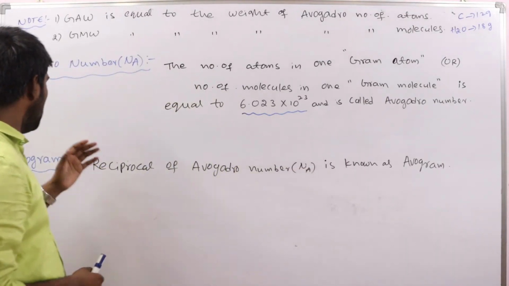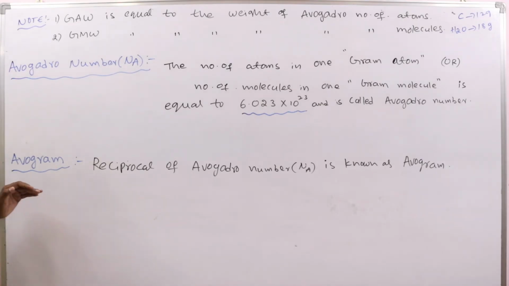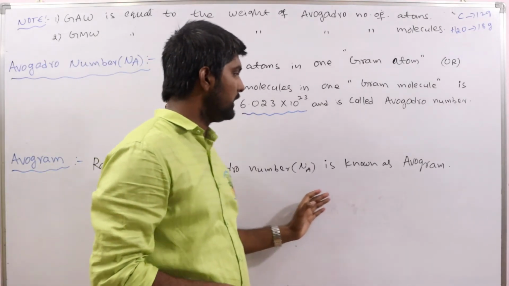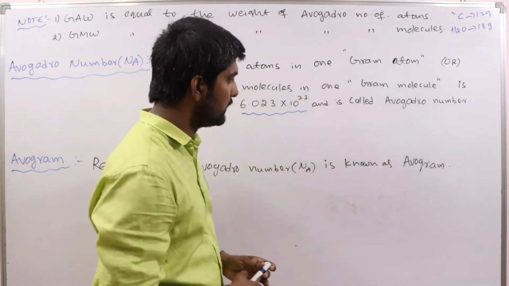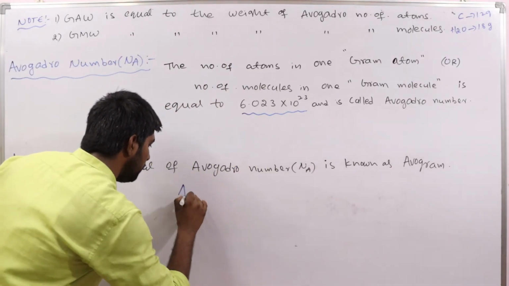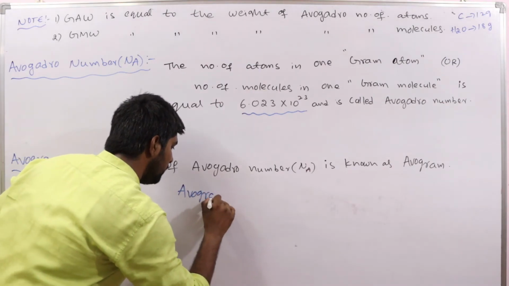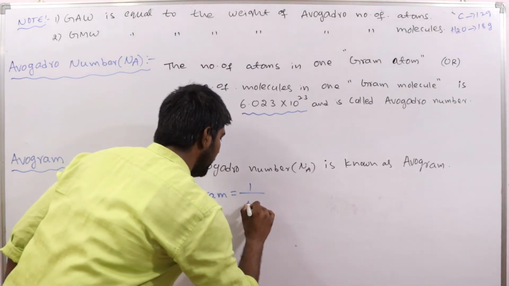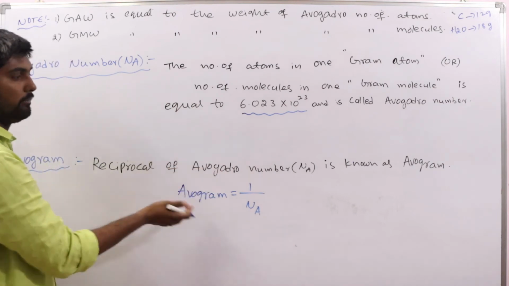Clear? Next, Avogram. The reciprocal of Avogadro number is known as Avogram. So 1 Avogram is equal to 1 by Na, the reciprocal of the Avogadro number.